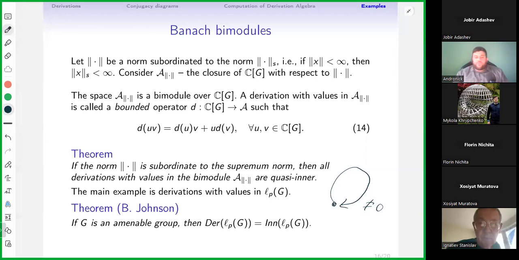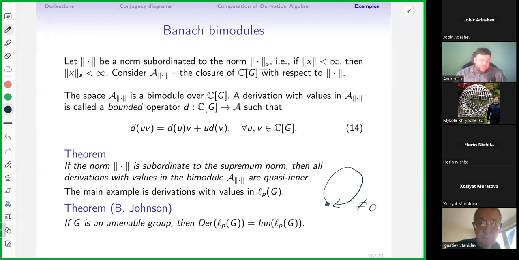So we proved a very similar thing, that all derivations are quasi-inner, always. You cannot find an example of quasi-outer derivations. But if you take norms which are not subordinated to the supremum norm, then you can find such derivations.